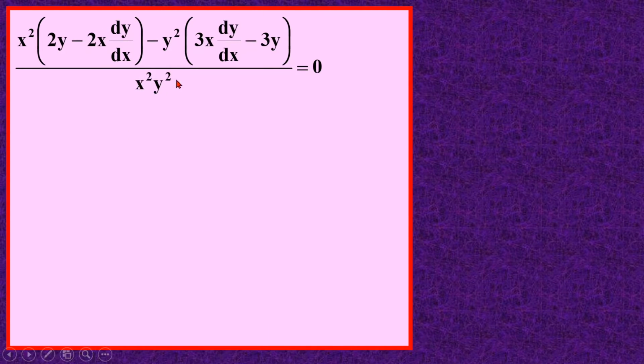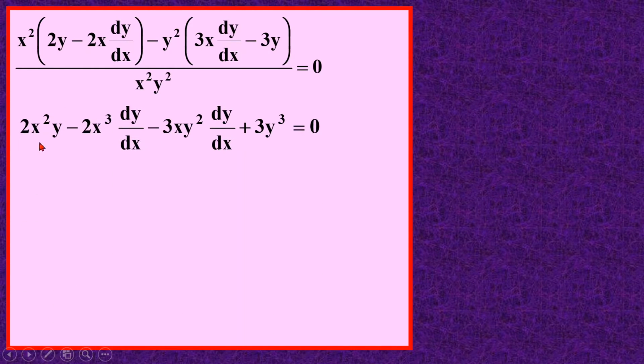Okay, so don't worry. Next thing that I'm going to do is I'm going to multiply x squared from both sides, and I will leave with this only.